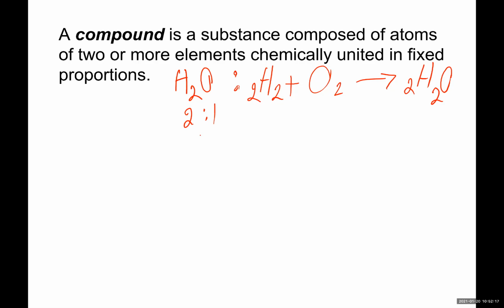If you change the ratio between the number of atoms, for example, if I give you H2O2, the ratio is 1 to 1. There is 2 hydrogen for 2 oxygen, or the ratio is 1 to 1, 1 hydrogen per oxygen.